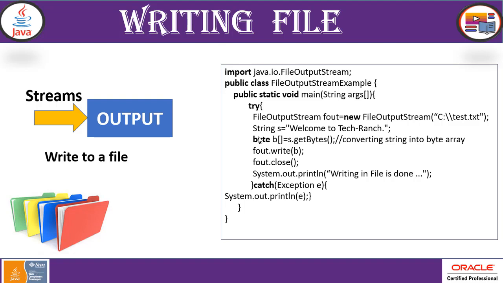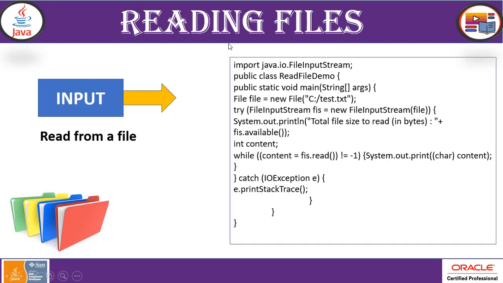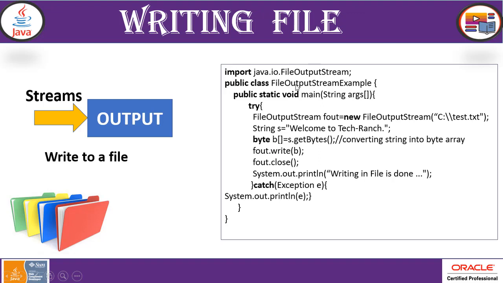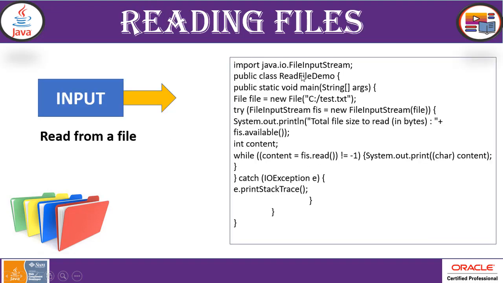Now once the writing of file is done, you can see reading the file. Just like we have the output stream, we need to do the input stream. The difference will be your condition. You need to keep reading the content from the file until it is null. So at the end of the pointer of a file, when it is done, it is specified as a -1 or a null character.